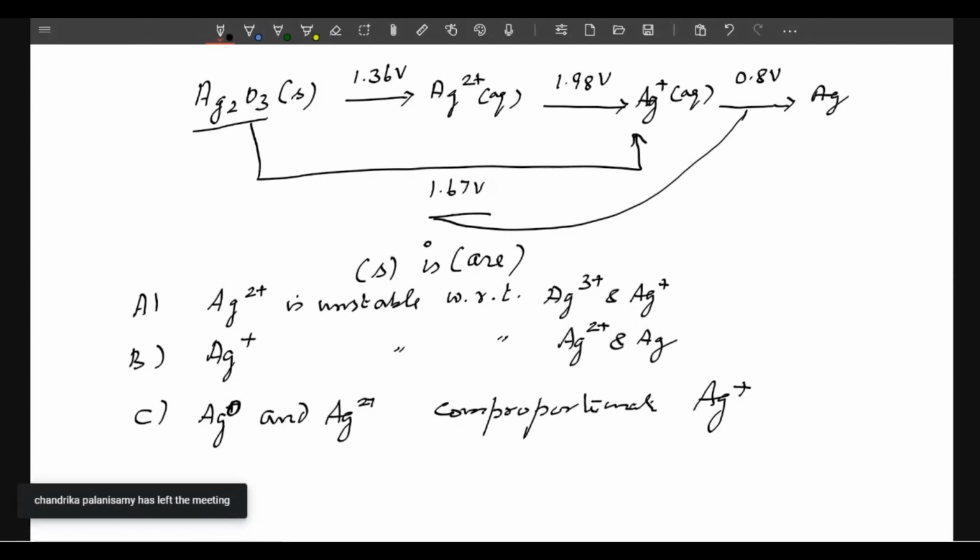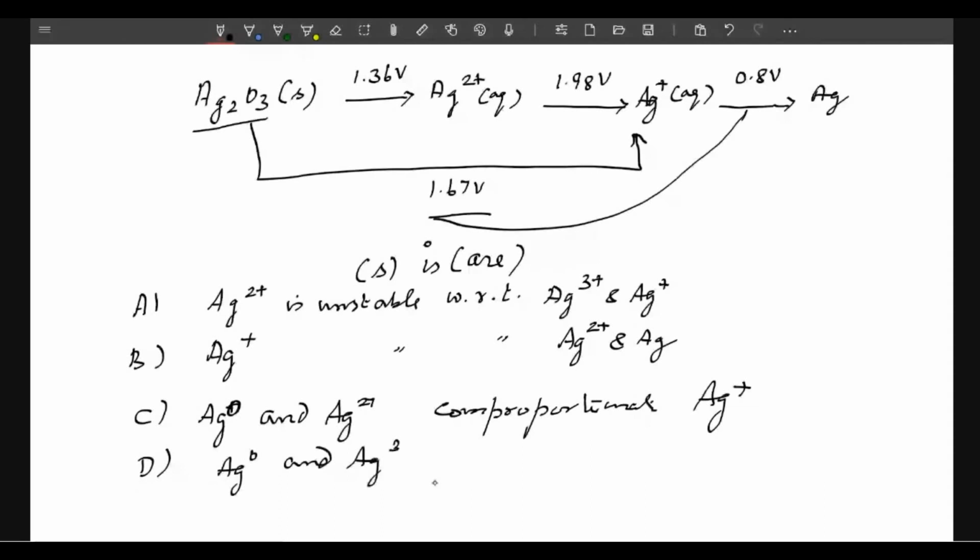D option. Ag is 0 and Ag3 plus undergo comproportionation to Ag plus.